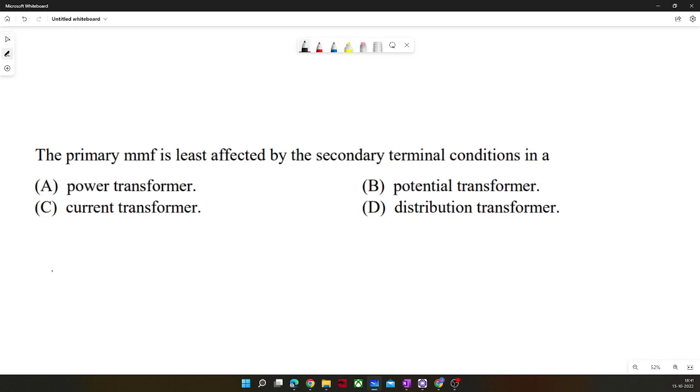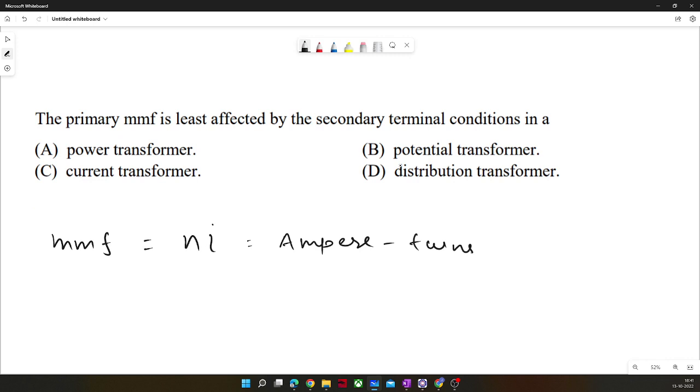So MMF is generally NI, right? So this is ampere terms. Least affected by secondary terminal means it will not change or it will not care about whatever is happening at the secondary terminal side.